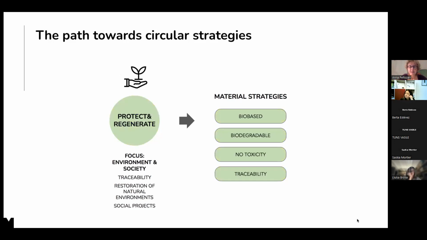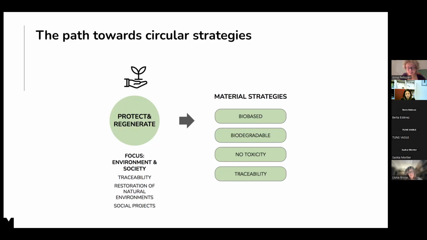And the final one is protect and regenerate. When we talk about biomaterials, there is a very broad number of researches and explorations, and we will talk about this in the third module, on how to replace fossil-based materials with bio-alternatives, and typically the tension between the need for performance and the need for the material to demolish itself in a way.